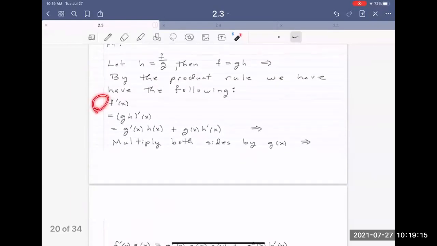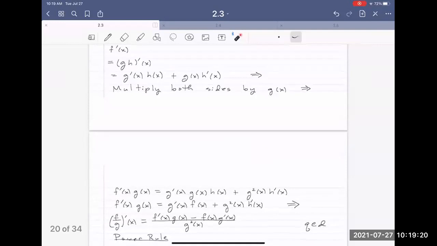Let's multiply both sides of my equation by g of x. So I have that f prime times g is equal to g prime times g times h plus g squared times h prime.